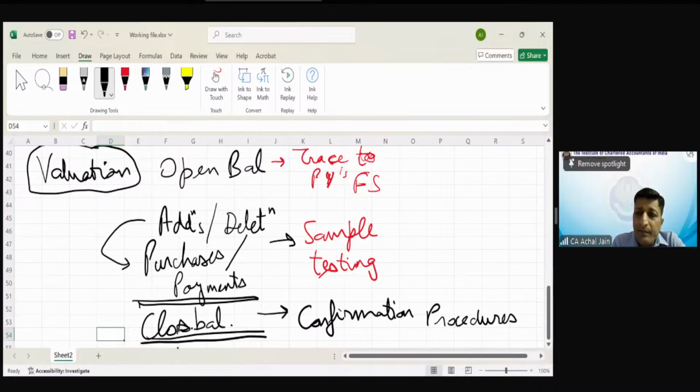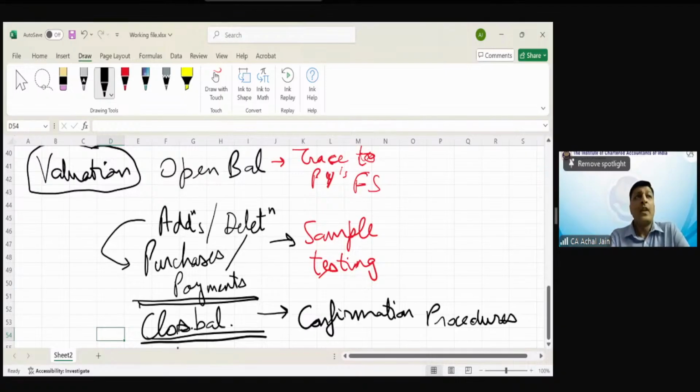Correct? Then various other procedures that we will perform, for example, cutoff, or for example, some of the procedures in relation to analytical review. They will also help you in terms of assessment as to whether this number of trade payable is correct or not. Yeah, correct.